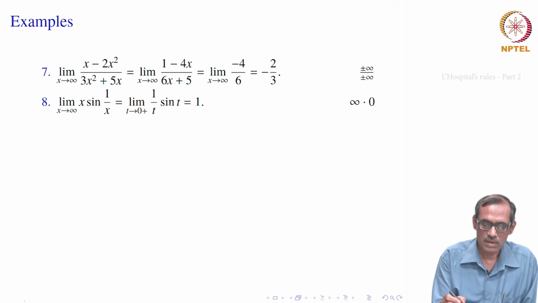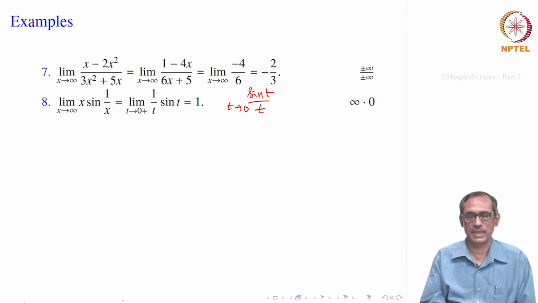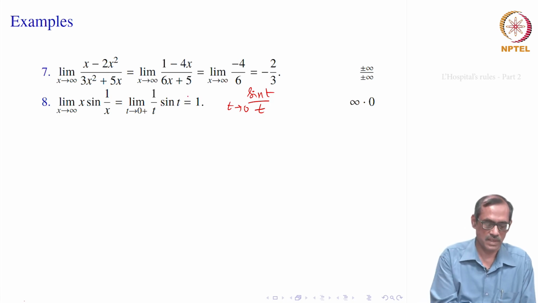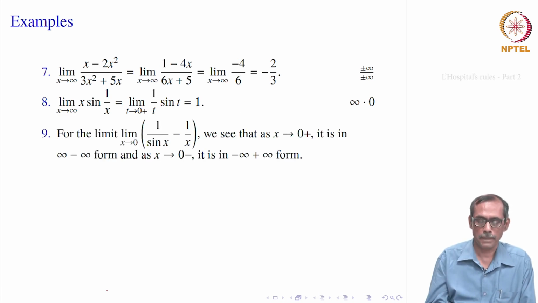So, now again it is directly in the form sin t by t as t goes to 0. So, that we know to be 1, we do not need L'Hopital's rule here, fine. But if you apply it, of course, you will get the same thing, fine.